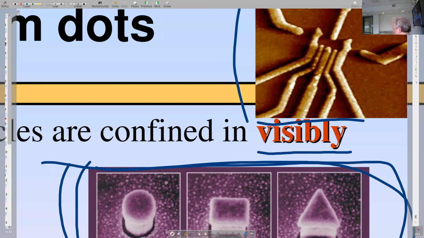To shape it, to make eventual structuring, they put from above metallic electrodes, a whole series of that. They don't have electric contact to the 2D gas. But if you apply voltage on these gates, you could deplete the two-dimensional gas.